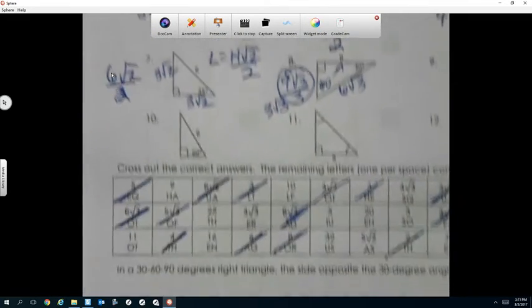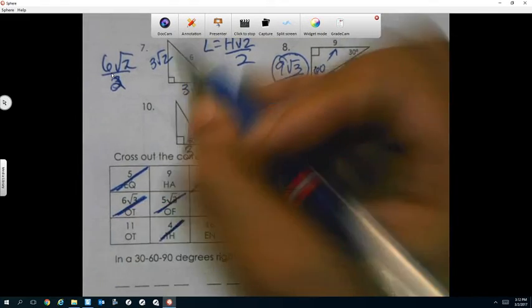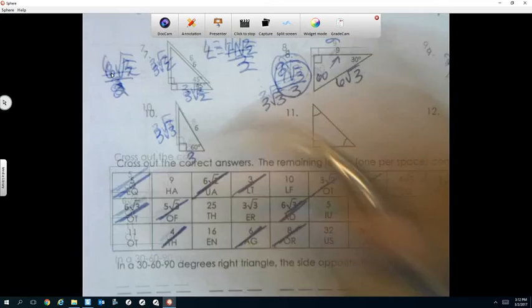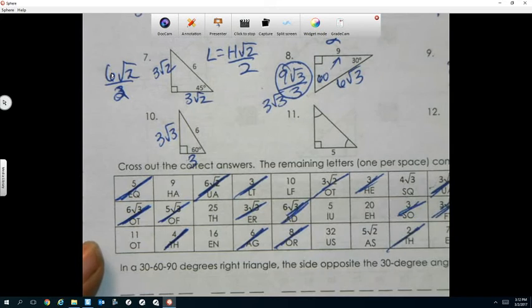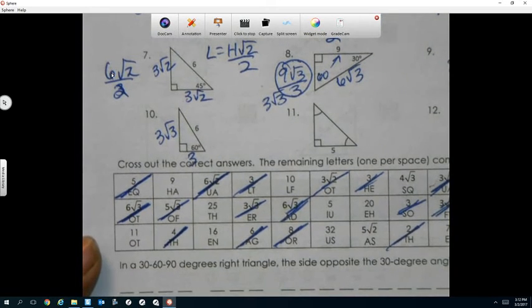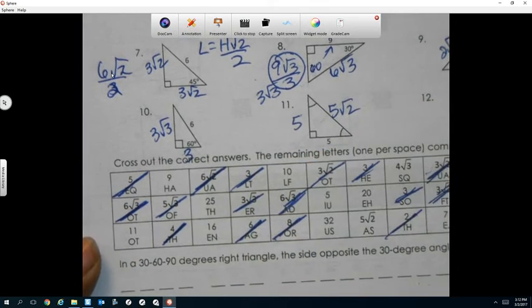All right, 10. We should have 3 and 3 root 3. What about 11? Should be a straight shot. 5 and 5 root 2. Good.